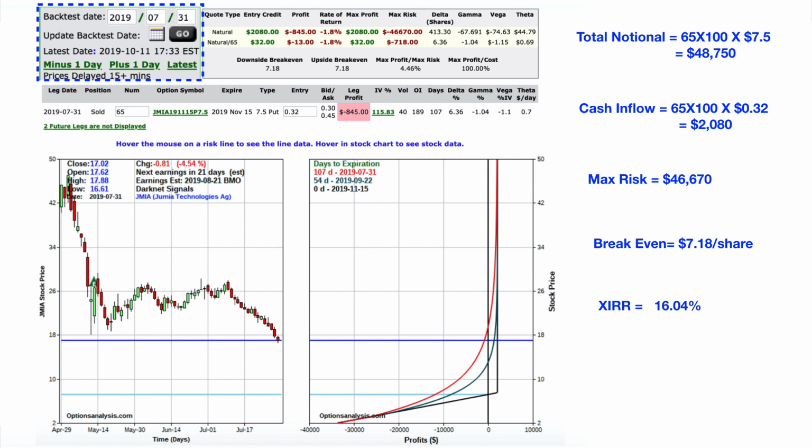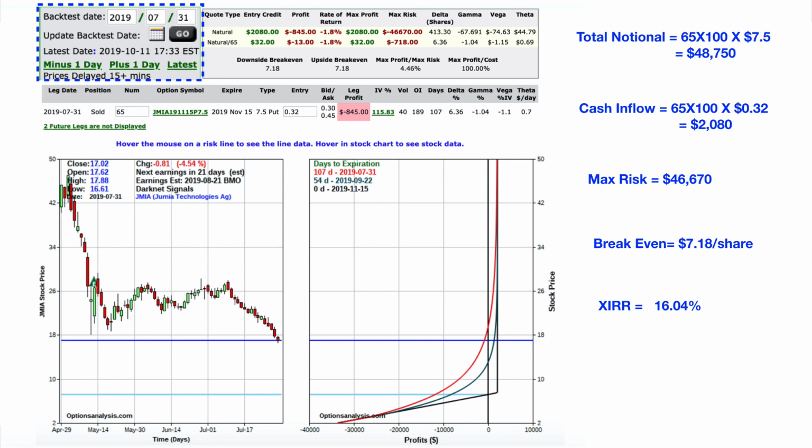So let's quickly go through the metrics of this trade. The total notional value for this trade is $48,750. The cash inflow that I generated was $2,080. The maximum risk of this trade is $46,670.